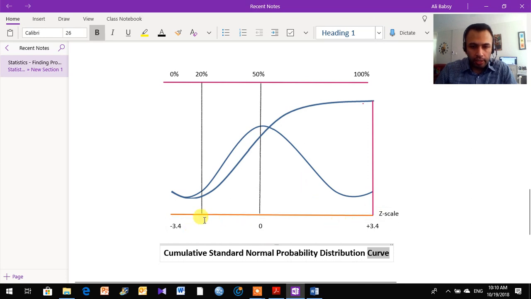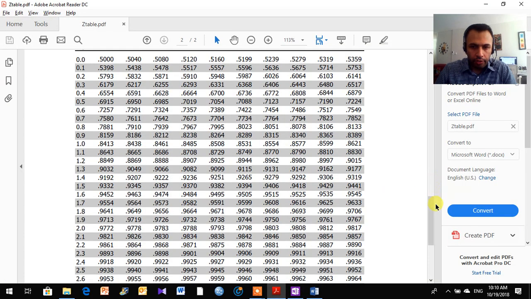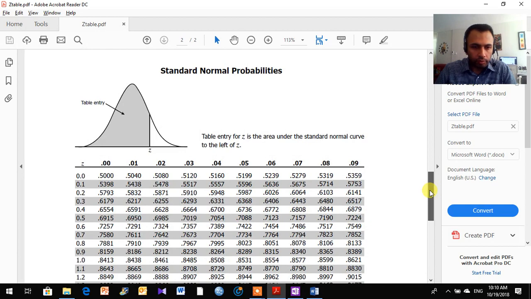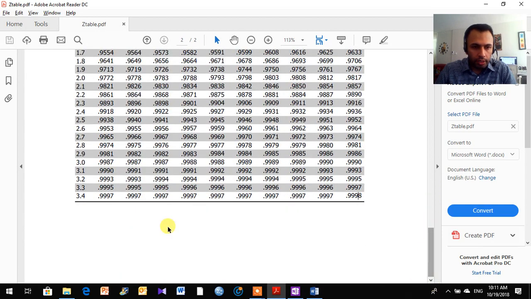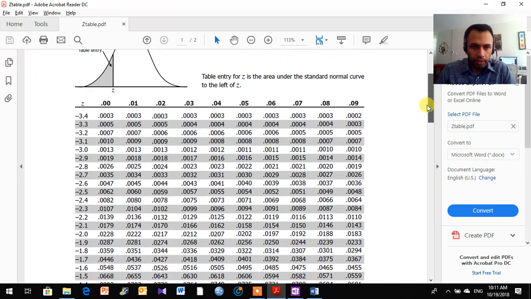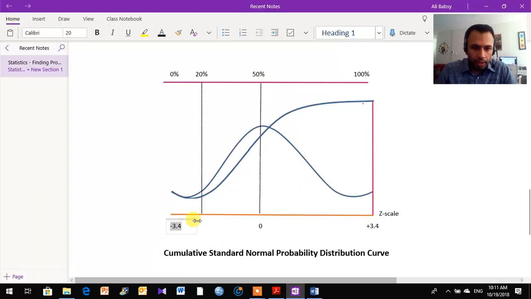You can see on the Z scale that I have produced two values, plus 3.4 and minus 3.4. If you go to the Z table, you can see the maximum values, they are standing at 3.4, which is plus 3.4, and here the minimum are minus 3.4. So the whole scale is between minus 3.4 to plus 3.4, and all the probabilities are lying in this range.